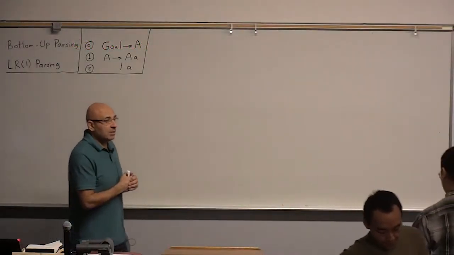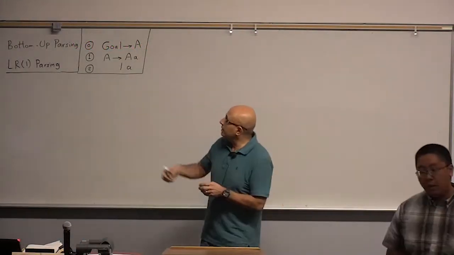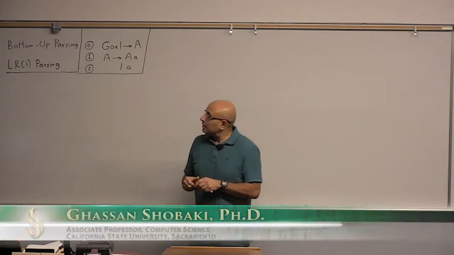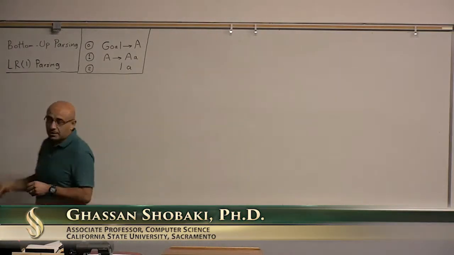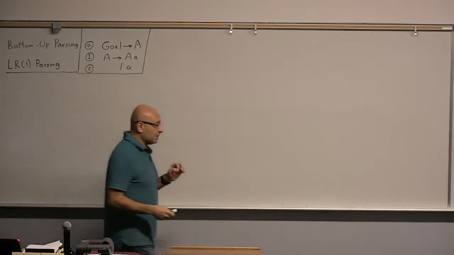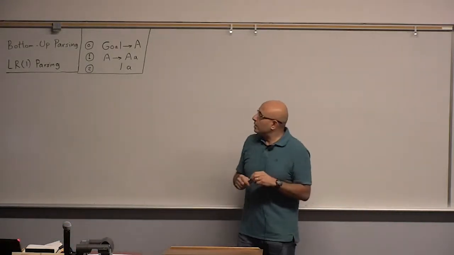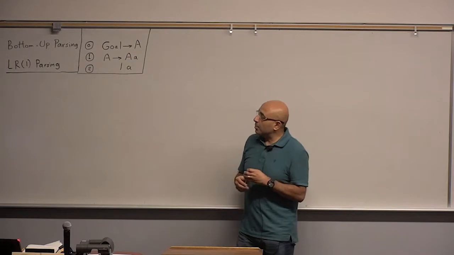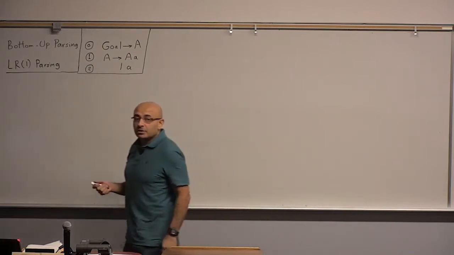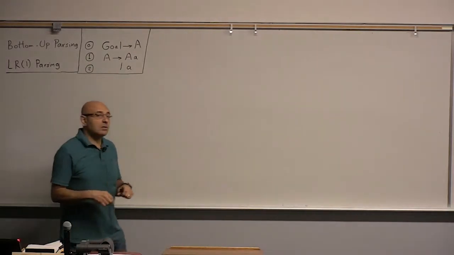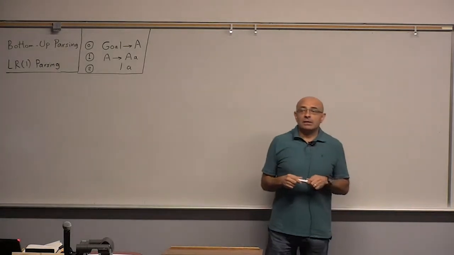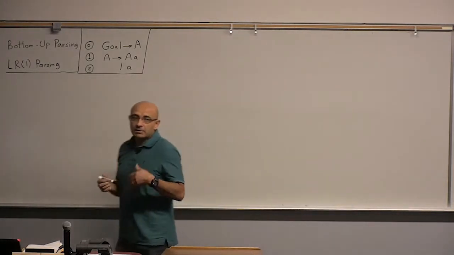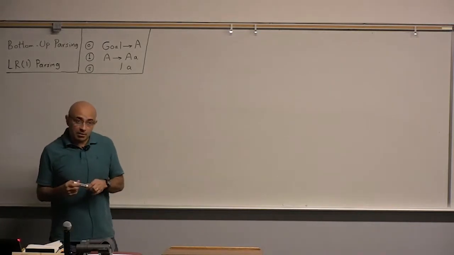So today is going to be our second lecture on bottom-up parsing, in particular LR1 parsing. LR1 parsing is one specific type of bottom-up parsing. In the first lecture we introduced the idea of bottom-up parsing, and how it differs from top-down parsing.